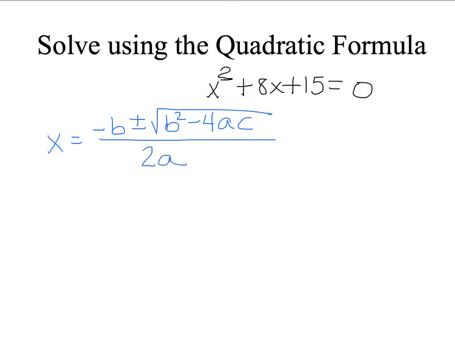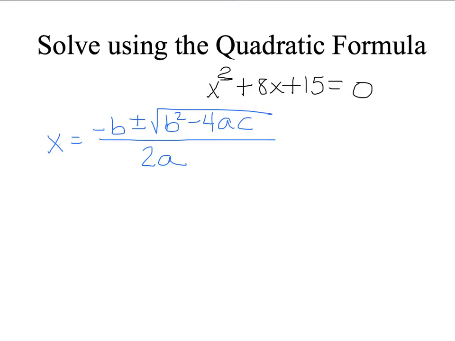What this does is this gives us our solutions to the equation, the place where our graph crosses the x-axis when y equals 0.